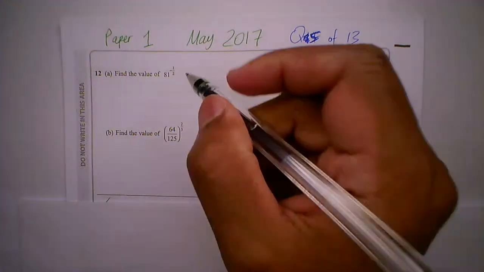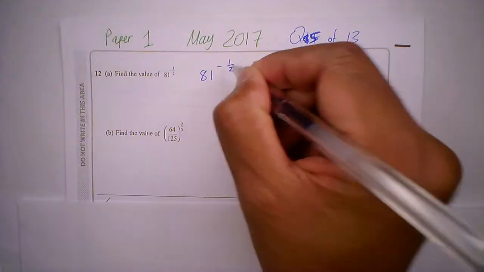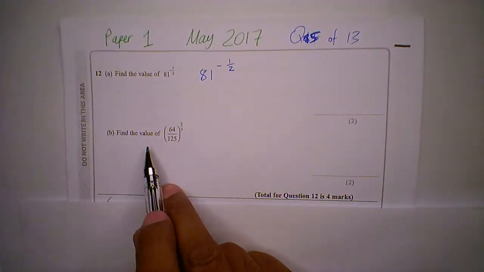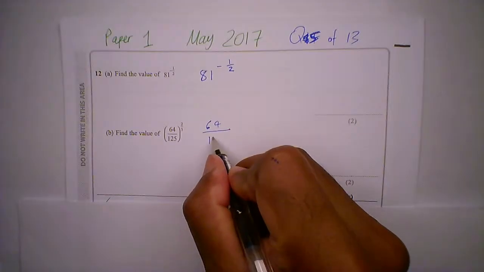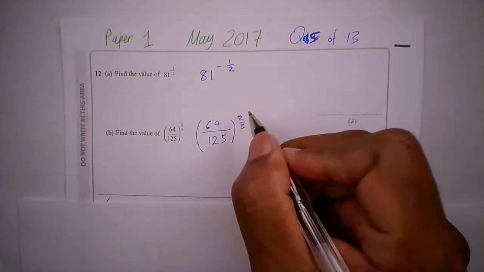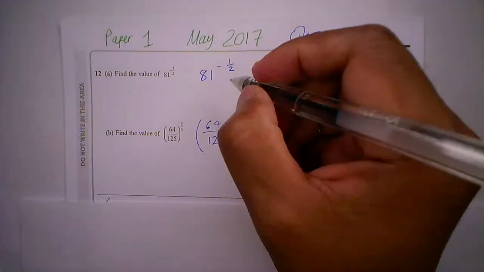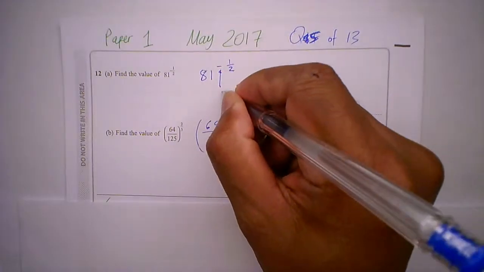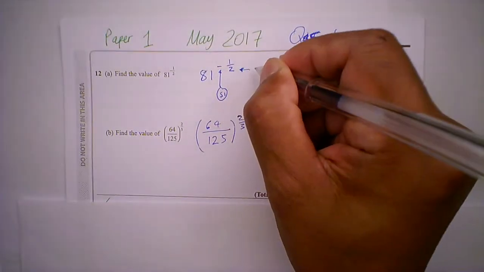Find the value of 81 to the power minus a half. And part b, find the value of 64 over 125 to the power 2 over 3. Okay, so for part a, I have a negative here, that's step 1, and here I've got step 2.